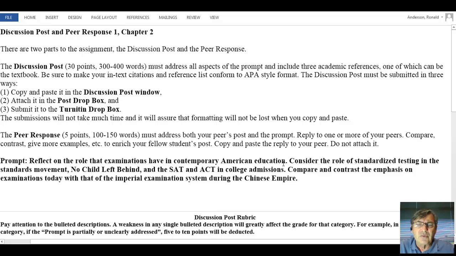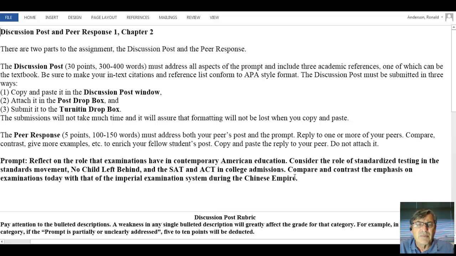I don't want you giving me 400, 350 words on examinations, of what's wrong with examinations, what's wrong with the STAAR, what's wrong with the SAT, and so forth. I want you to compare these testing systems and the standards with what was going on during the Chinese Empire and how Confucius would relate to these, and perhaps how Confucius would see these things.